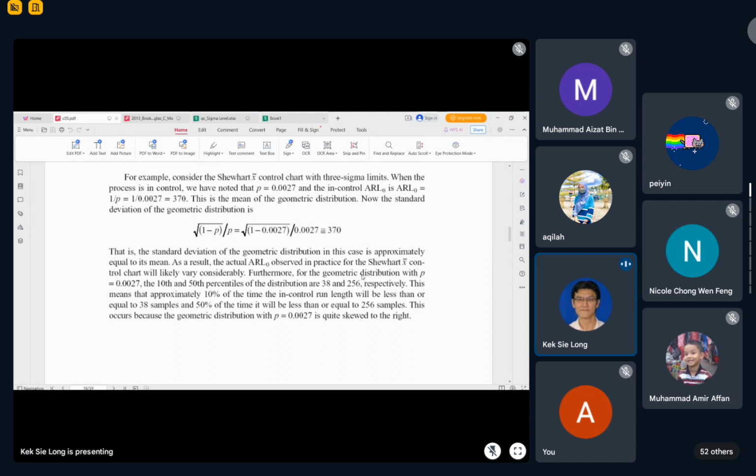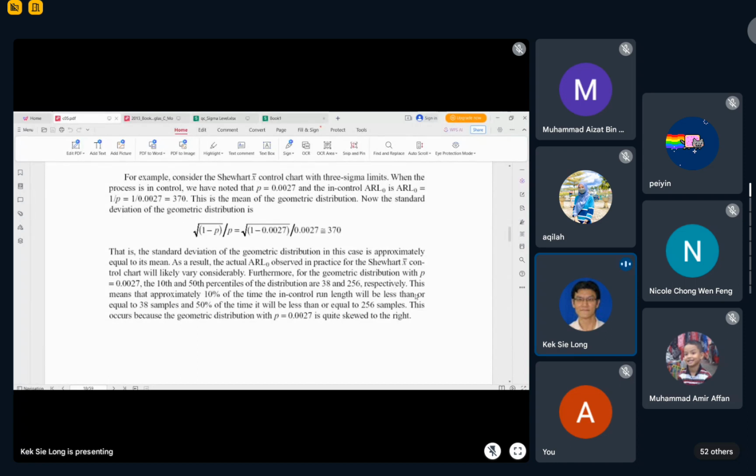For the geometric distribution with p equal to 0.0027, the 10th percentile of the distribution is 38. For the 50th percentile, we have to understand what 38 means, and what 356 means. You can have a read.